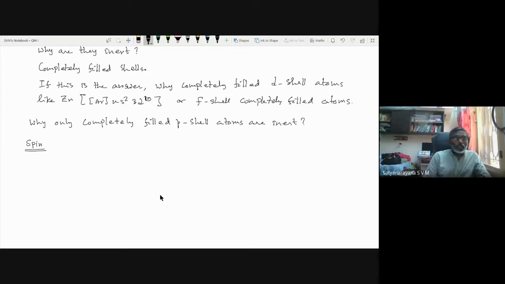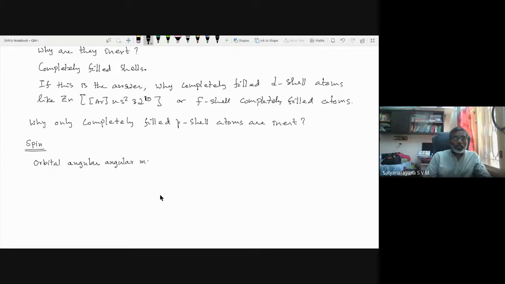So let's try to understand that you have something called an orbital angular momentum. Let's say that I have orbital motion or orbital angular momentum. Classically we have understood this, and then we have quantized this.